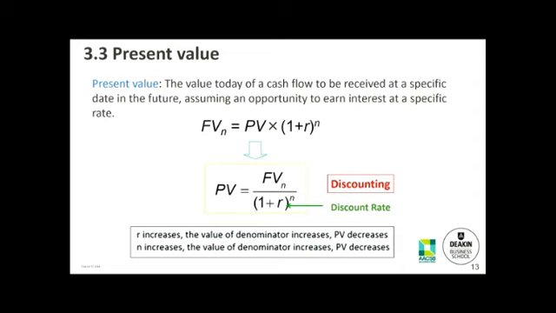Interest rate is in your denominator. N is in your denominator, am I right? If interest rate increases, what happens to your present value? Very good. If the number of years or number of compounds increases, what happens to your present value? Decreases as well, okay? And that's the relationship.